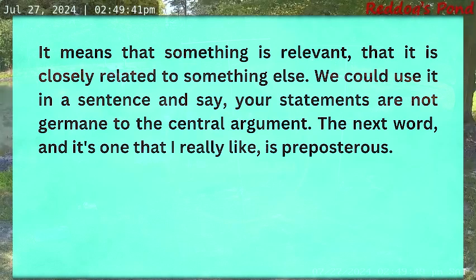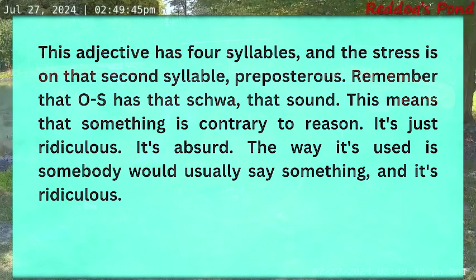The next word, and it's one that I really like, is preposterous. This adjective has 4 syllables, and the stress is on that second syllable, preposterous. Remember that OS has that schwa sound. This means that something is contrary to reason. It's just ridiculous.